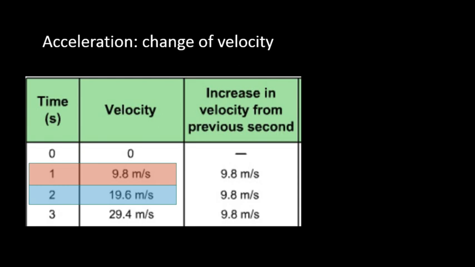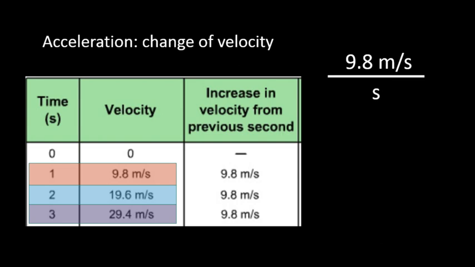During the third second, it increases by another 9.8, and so now its velocity is 29.4 meters per second. So you can see that it increased its velocity by 9.8 meters per second each second that it fell. So that's how we get that unit of meters per second per second.